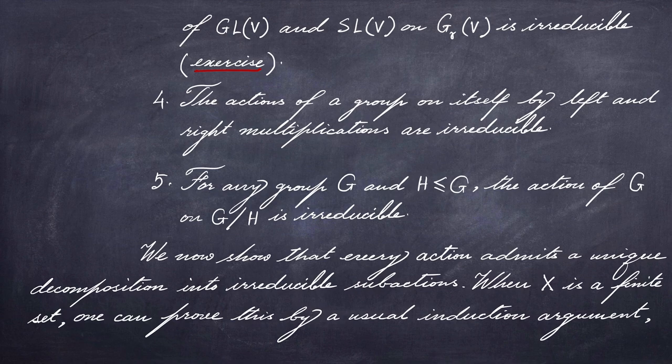So when X is finite, then establishing this is not at all a big deal. We can directly do that by using induction. So let me just quickly tell you the argument.